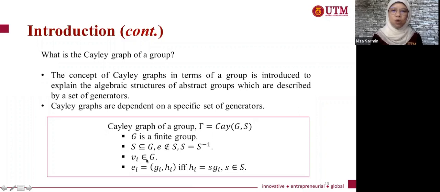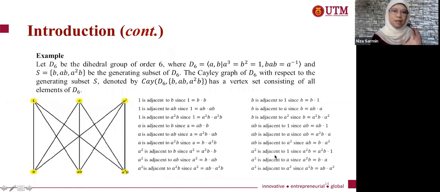Our vertices are all elements of G, and we have edges between g_i and h_i if h_i is equal to s g_i, in which s is in S. So this is how we determine that two vertices are connected.